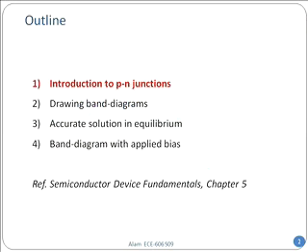We'll talk about p-n junctions and then solving the Poisson equation for the p-n junction, which I call drawing the band diagrams. As I said, it's very important that you understand this very clearly.